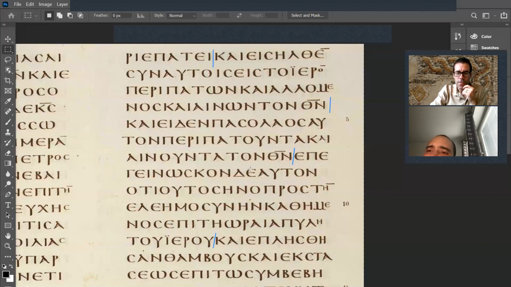I noticed they don't write the iota for the dative, like te with no iota, te horaia no iota, pyle no iota. It is dative, right? Yes. You're right. I think in this particular manuscript this is something that changes.